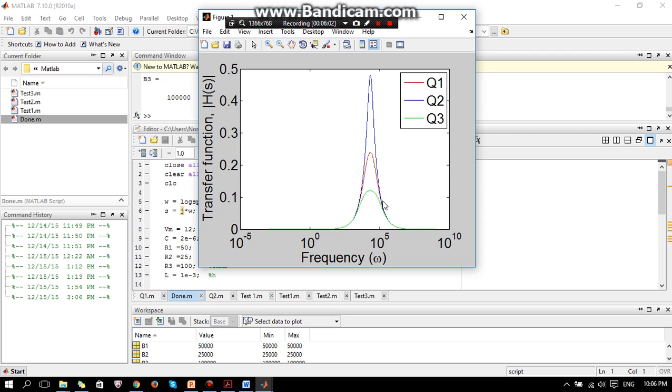For the sensitivity, Q3 has the least sensitivity compared to the others. Q1, in the middle, has medium sensitivity, and Q2 has the highest sensitivity among those.